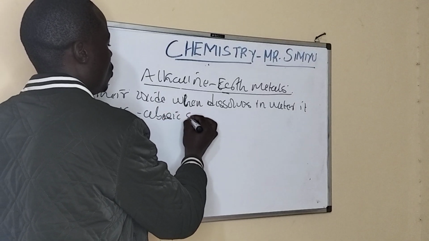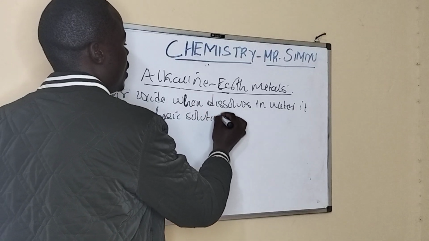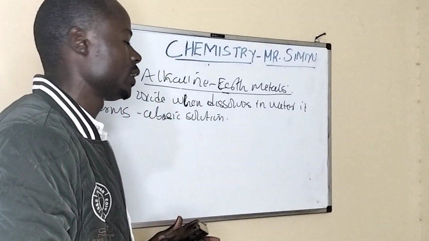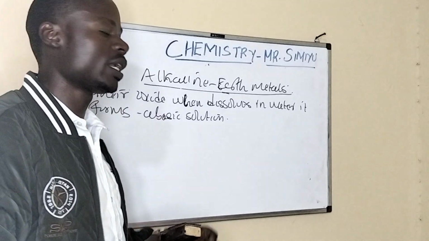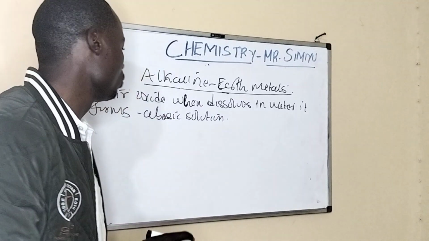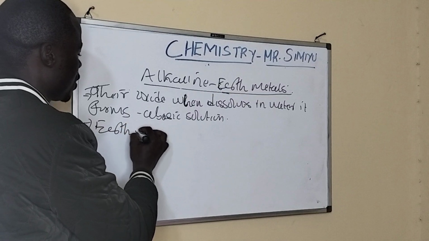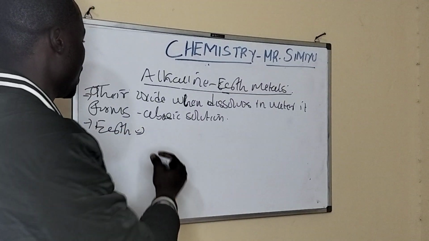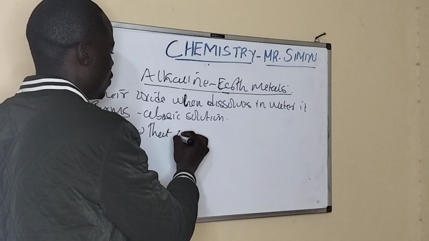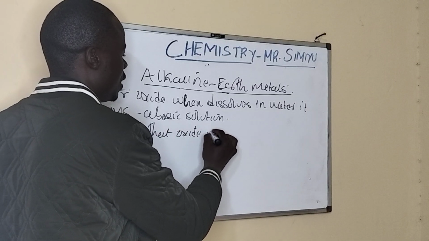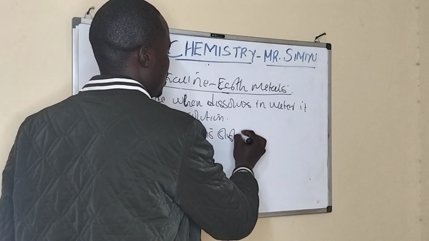And we have said that a basic solution automatically will turn red litmus paper to blue. We have also said that earth, because that oxide is slightly soluble in water.